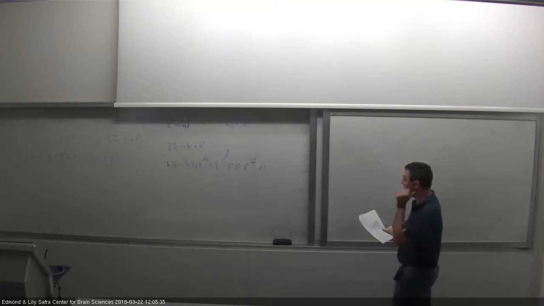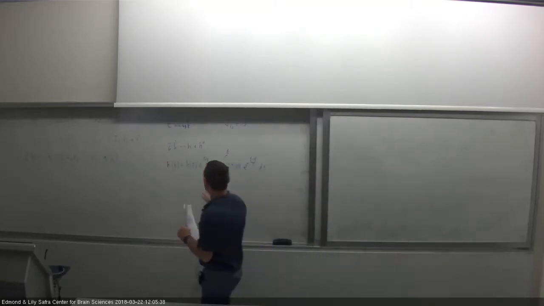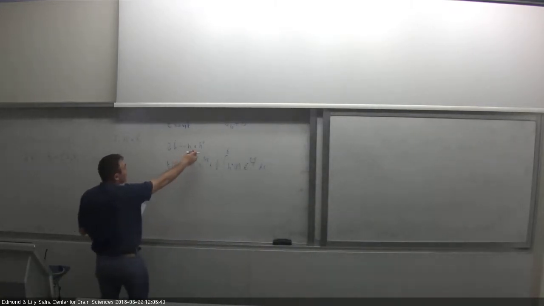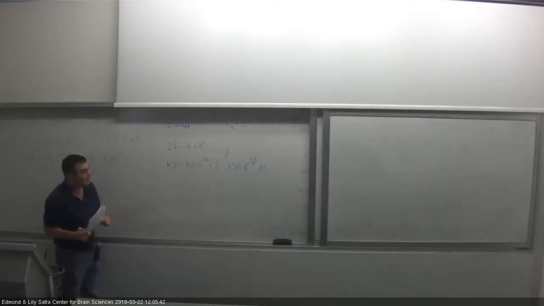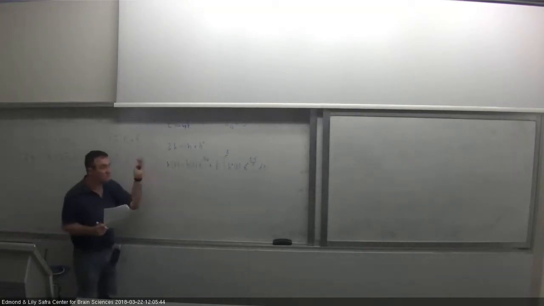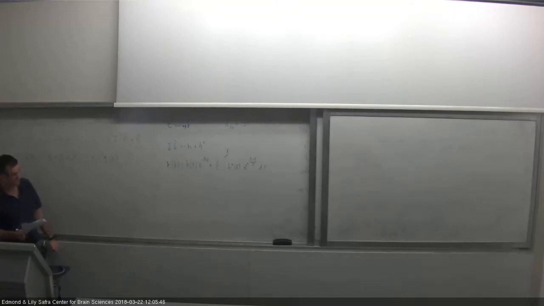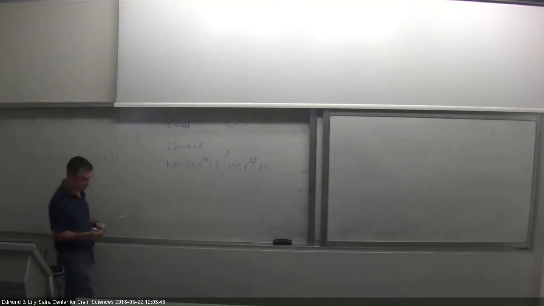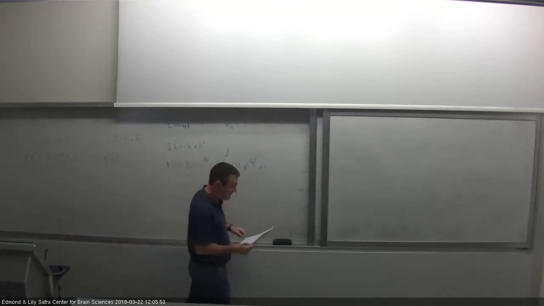So this is a solution to this equation. Depending on the dynamics of external input, the dynamics of external input will determine this h, or this measure of activity of the neuron.